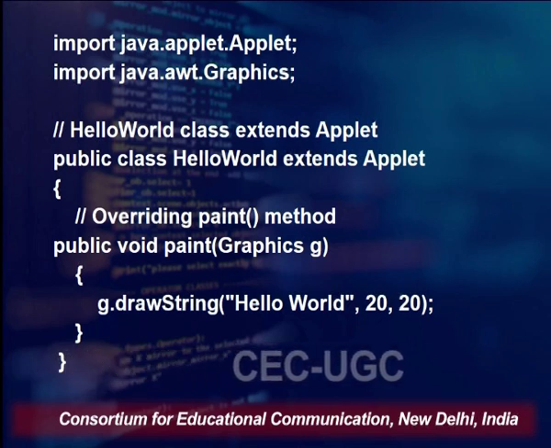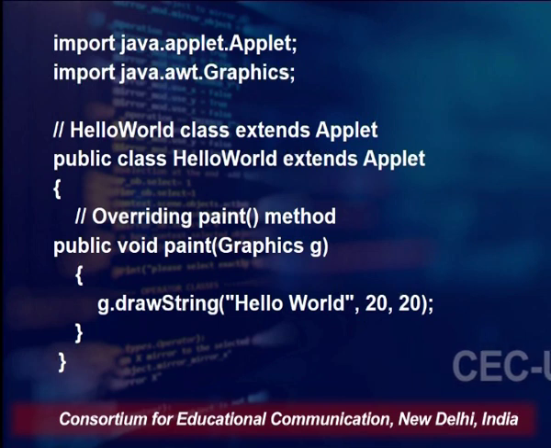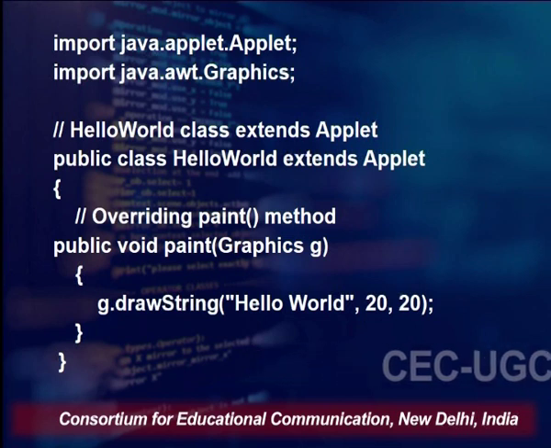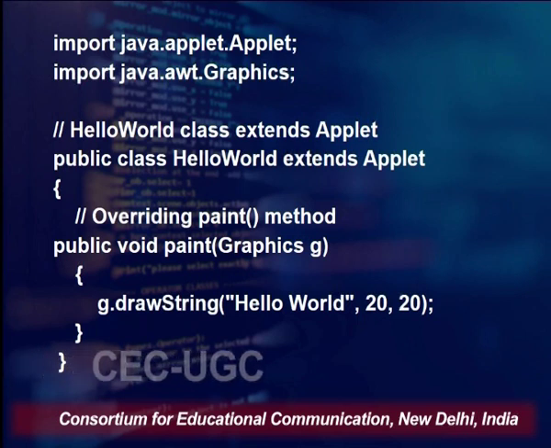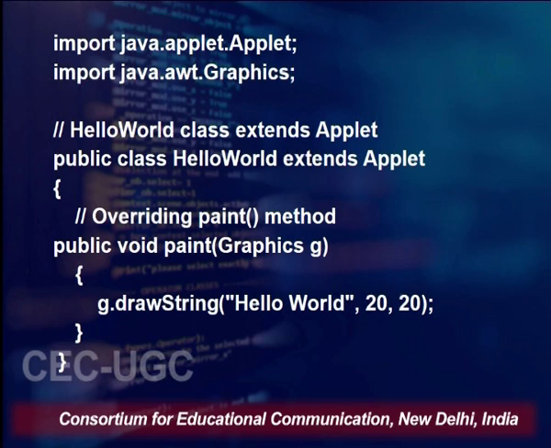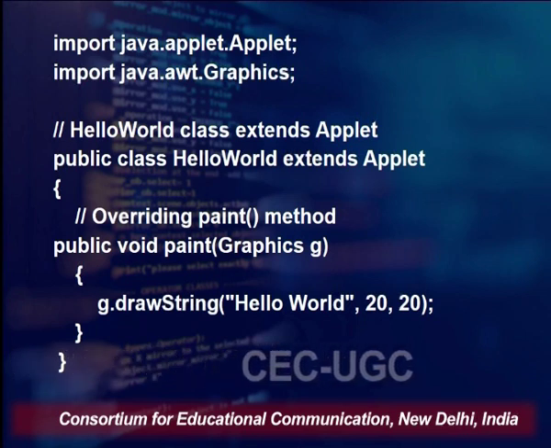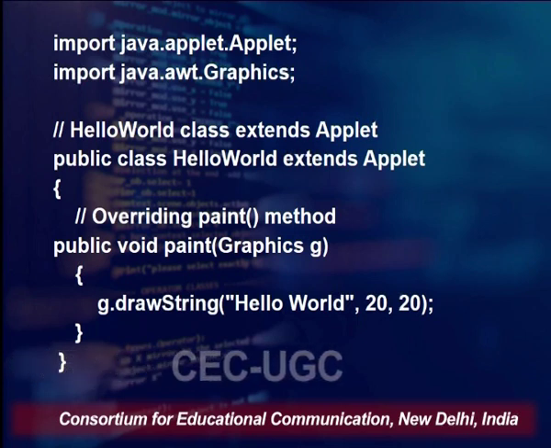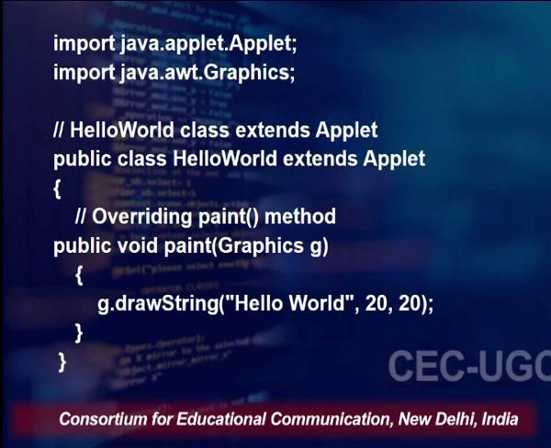So, import java.awt.Graphics, and all the classes which are going to use these applet methods will extend the class Applet, with capital A. This says public class HelloWorld, which is the name of the class, extends Applet, and within this class, for the sake of simplicity, just one method is kept, which is its very own paint method: public void paint(Graphics g), with g as the object reference parameter.